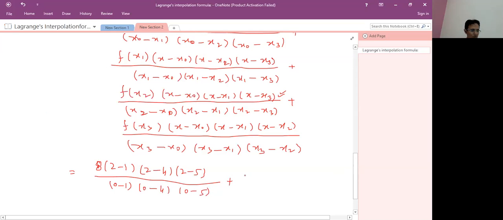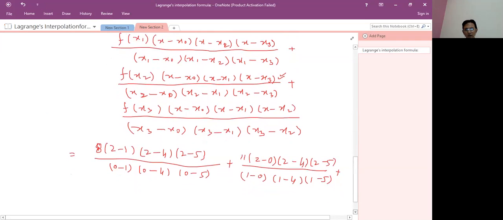Plus sign, the next value is 11, f of x1, times 2 minus 0, 2 minus 4, 2 minus 5, whole divided by x1, which means 1, 1 minus 0, 1 minus 4, 1 minus 5.